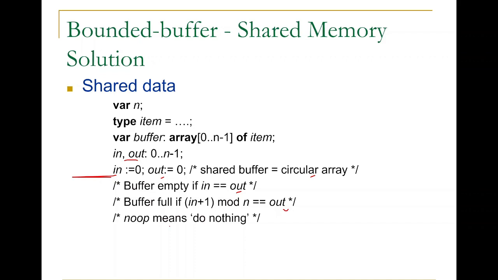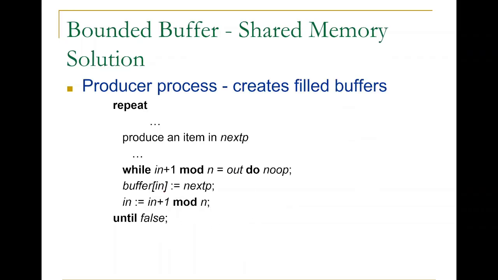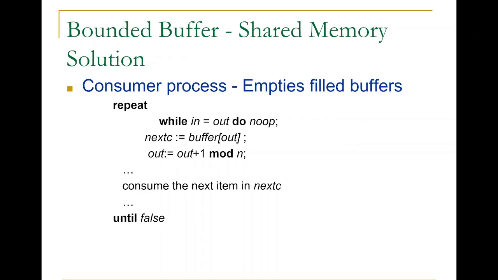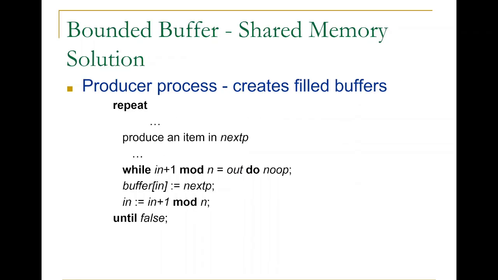If it is full, it does nothing, a no-op. Noop means do nothing or no operation. That is the way it's being coded, and you can do that in any language of your choice, either C, Python, or whatever.